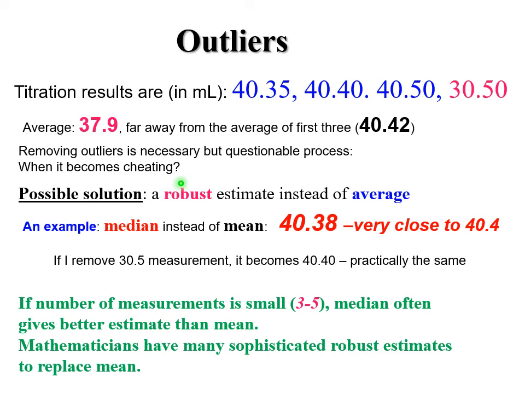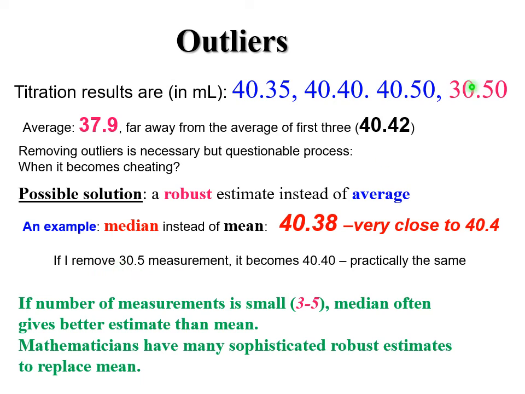You are using a different estimate of your value instead of the average. Average is very sensitive to outliers, but we have robust estimates that are not sensitive. An example of that is the median. If I am using median instead of mean, my median of all these 4 numbers is 40.38, which is very close to 40.4, practically the same.